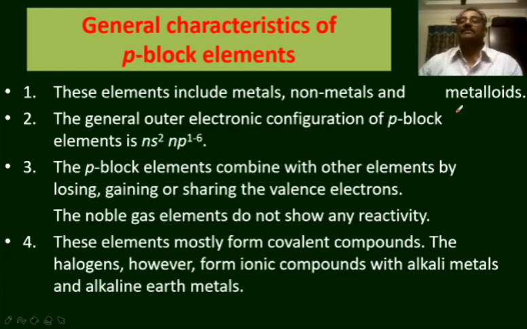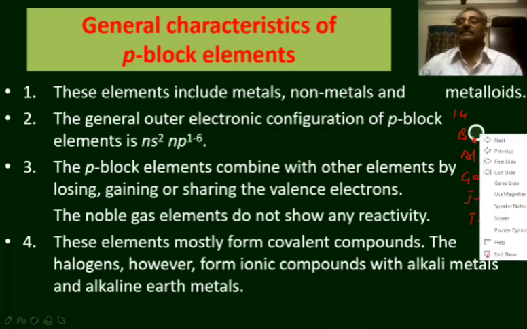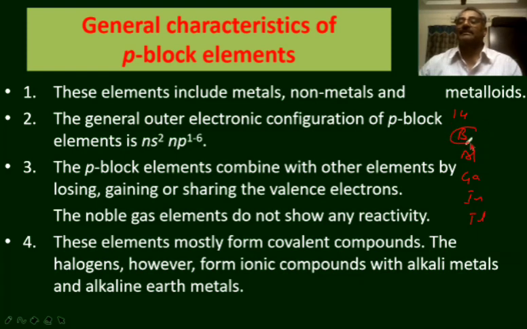For example, in the 13th group, the elements present are boron, aluminum, gallium, indium, and thallium. In these elements, boron exhibits both metallic and non-metallic characters. So boron is a metalloid.